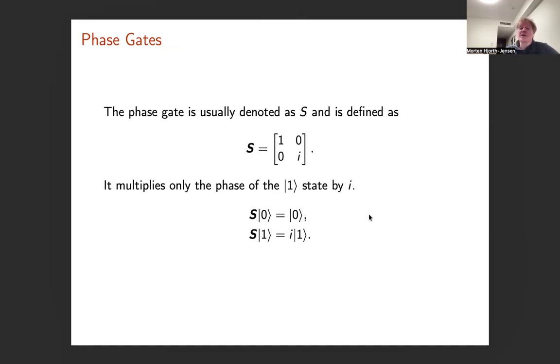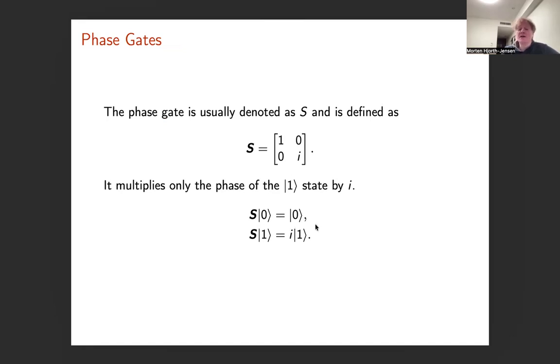Now, there are some other famous gates. The phase gate, or the S gate, as it's often defined, has i for the second diagonal value, which again corresponds to the exponential with argument i times an angle of pi half.